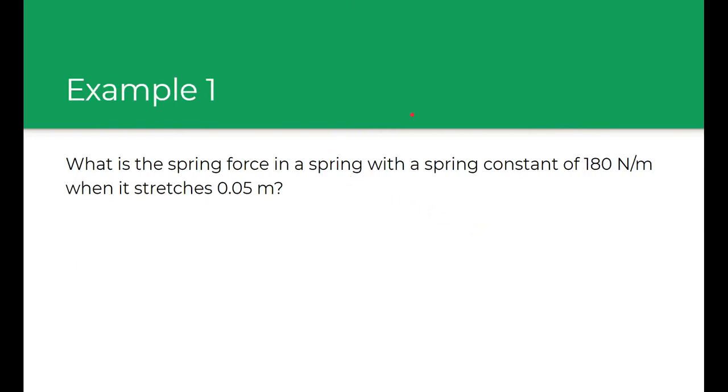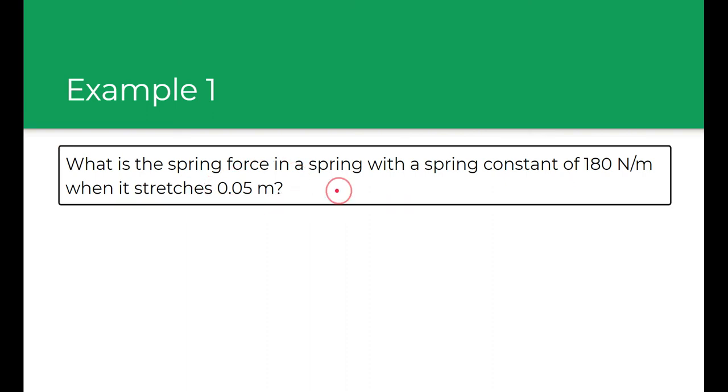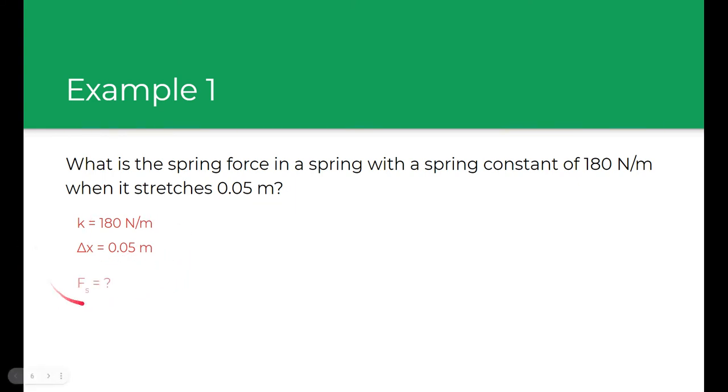So for the first example, we have a question that says, what is the spring force in a spring with a spring constant of 180 newtons per meter when it stretches 0.05 meters? And so the things that we know are the spring constant and the displacement. What we don't know is the spring force.